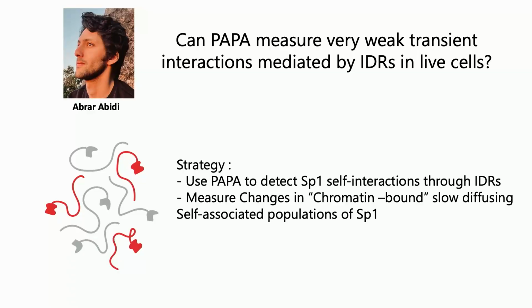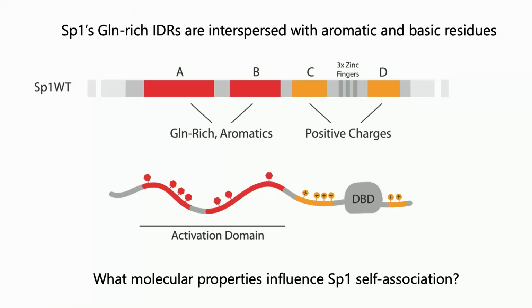And so Abrar decided to do this using a model transcription factor that we really care about, because my colleague Bob Tjian has been working on it for now 50 years. He's the one who discovered it. It's the first transcription factor that Tjian discovered, the first transcription factor that anyone discovered, the first protein binding DNA in mammalian cells.